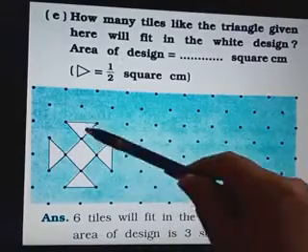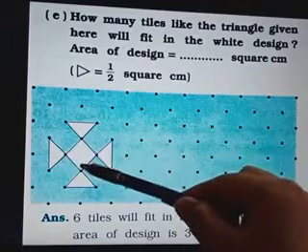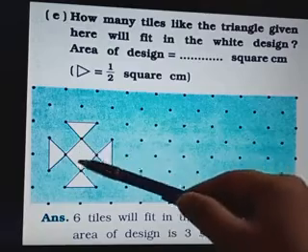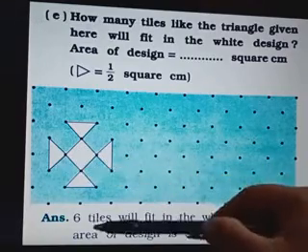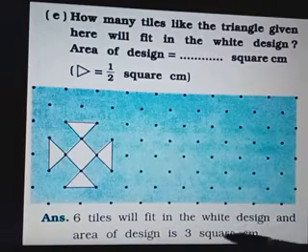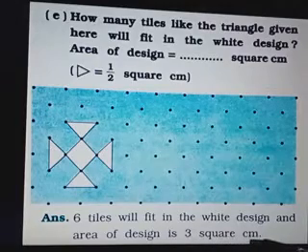4 tiles here at the corner, and here we can fix a total of 2 tiles, because if we make this line here it will be 2 triangles, right? So we can say a total of 6 tiles will fit in the white design, and the area of the design is 3 square centimeters.